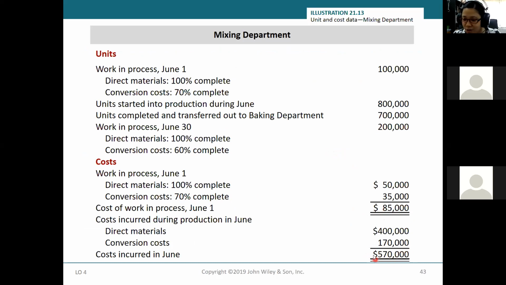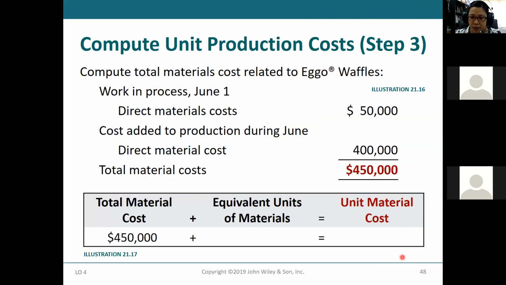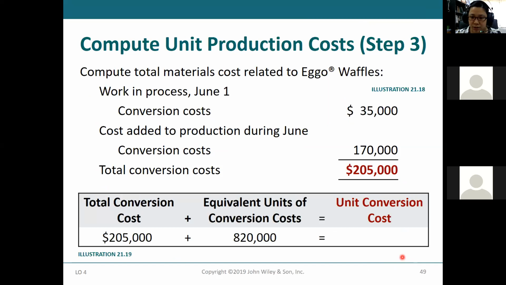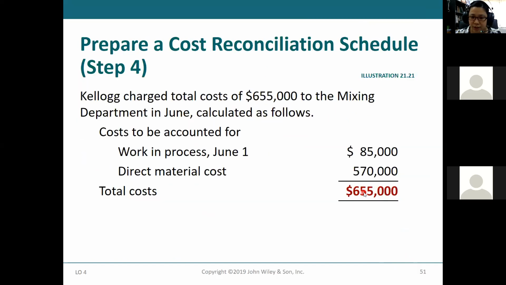How much is the total cost incurred during June? 570,000. So how much is the total cost? 85,000 plus 570,000 will give you 655,000.